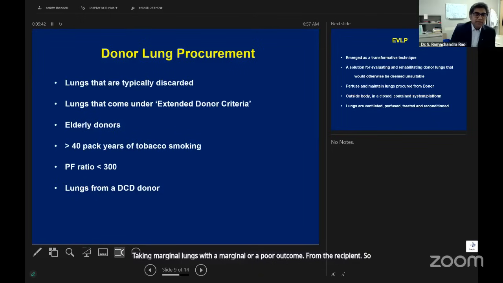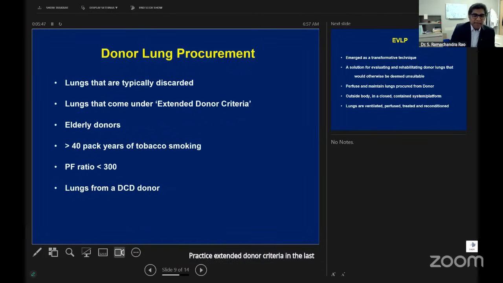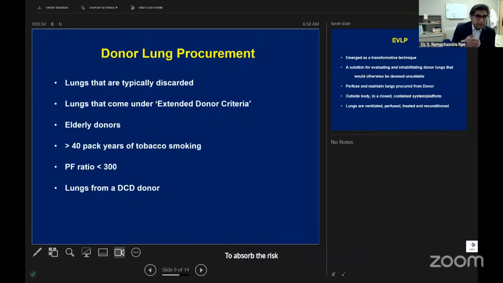So in order to practice extended donor criteria, in the last 2.5 decades, programs on a case-by-case basis, depending on their capacity to absorb the risk, started slowly extending the standard donor criteria. So this is a classic indication where you want to make sure the extended donor criteria are tested to see if they are successful. And EVLP is the platform to put these lungs to the test to see if they can be utilized.